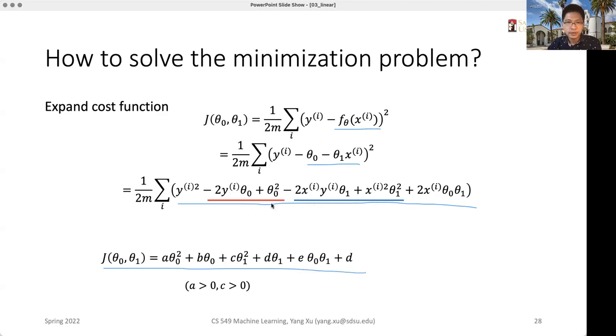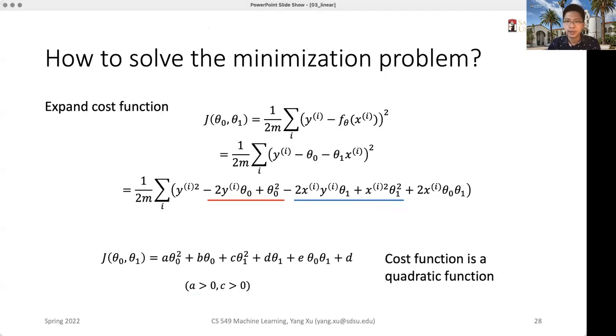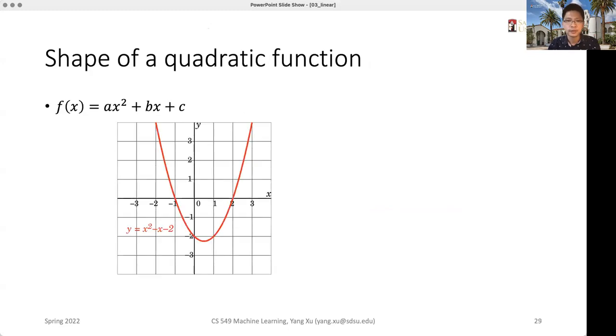Especially, we pay attention to the coefficients before the quadratic terms. The coefficients before theta 1 squared and theta 0 squared, these a and c, are all positive numbers, which means it's a quadratic function with positive coefficients before the quadratic term. It is a function for which we can find a minimal point. We can always plot the shape of the quadratic function like this when we have a positive coefficient a.